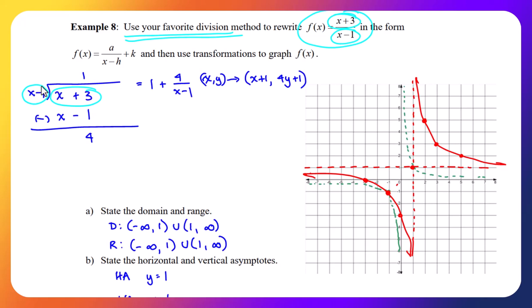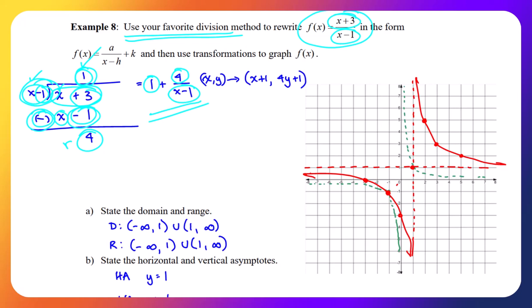And so 1 times x is x, and 1 times -1 is -1. Subtract 3 minus -1, and I get 4. So the quotient is 1, and the remainder is 4 over the divisor.